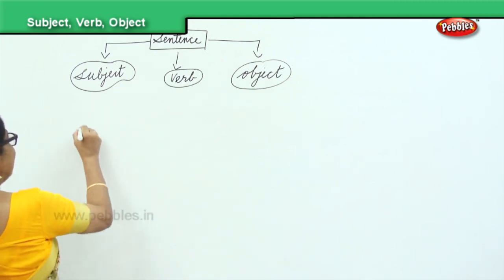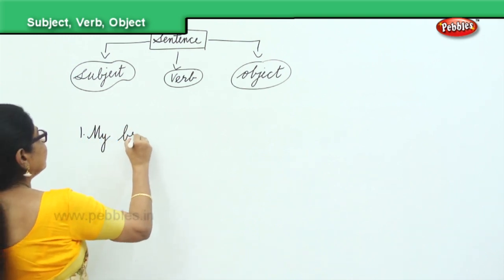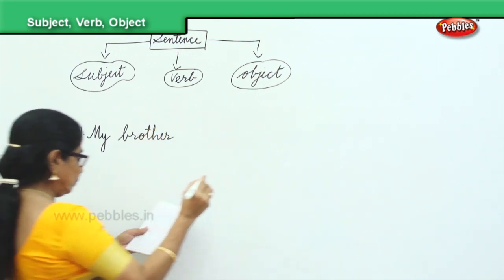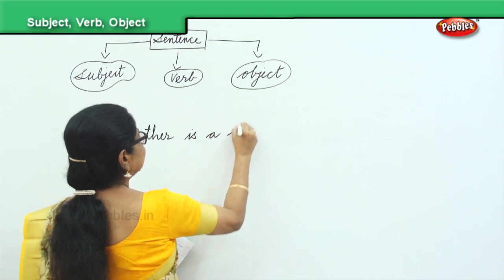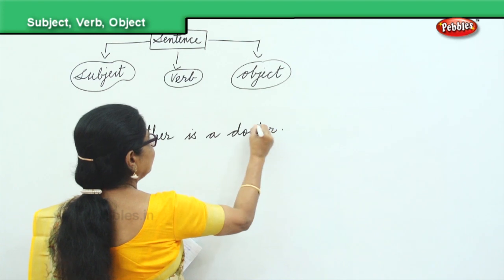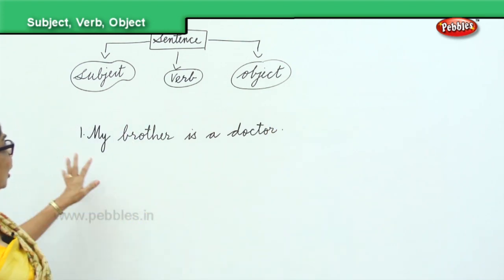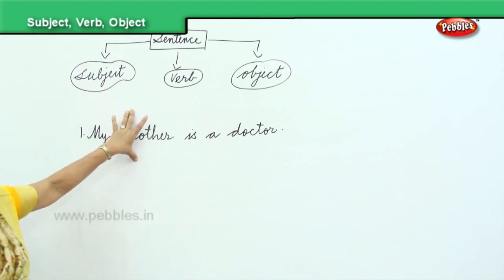First one: my brother is a doctor. Now, you have your subject, my brother.